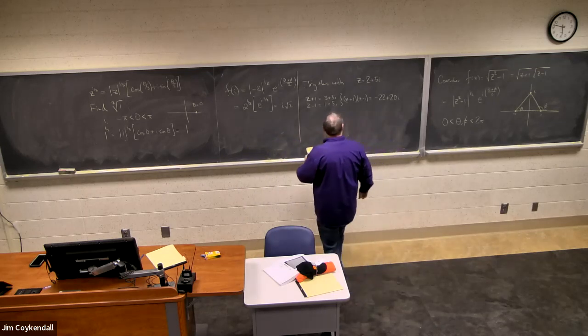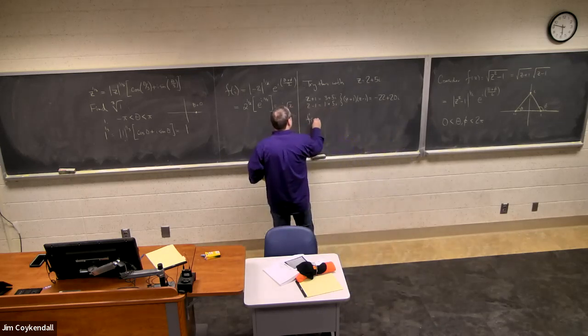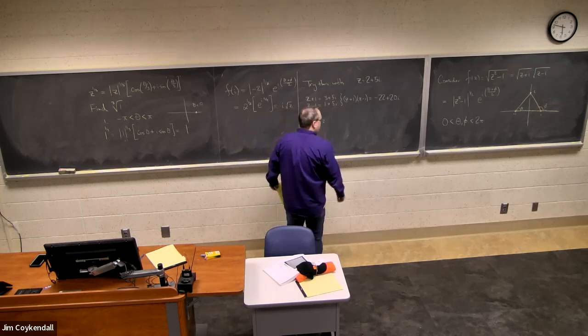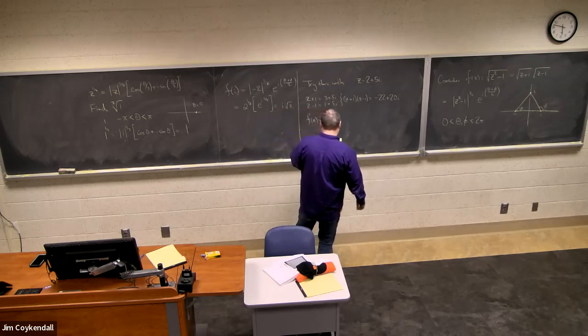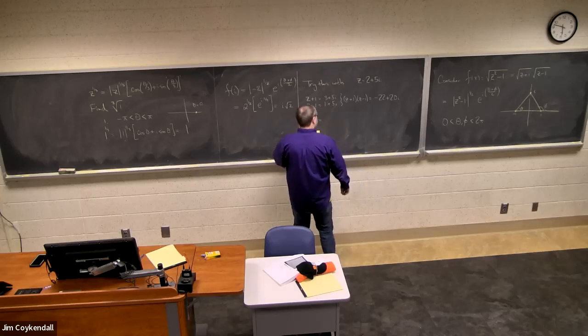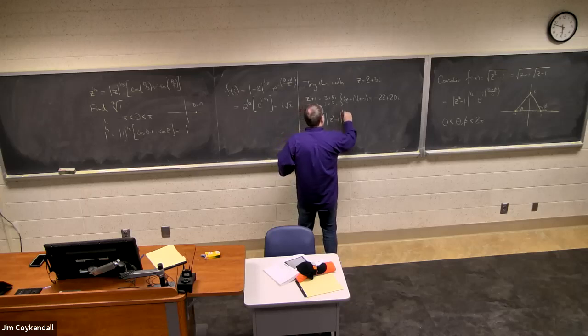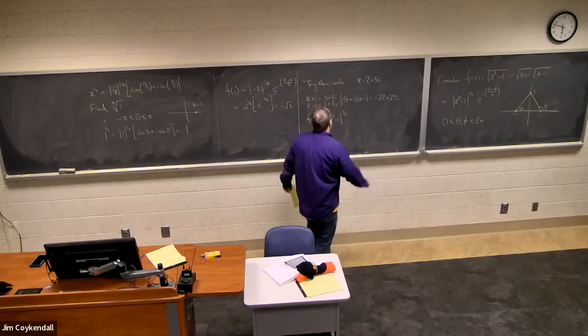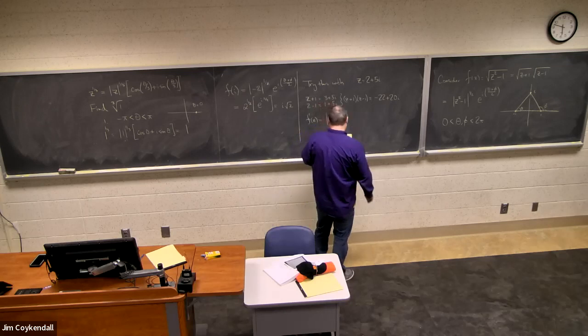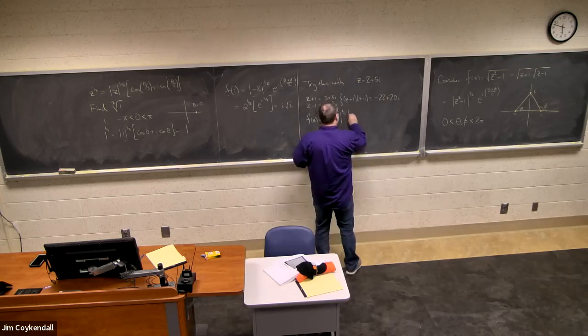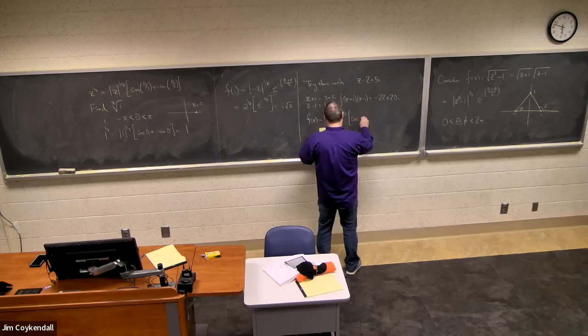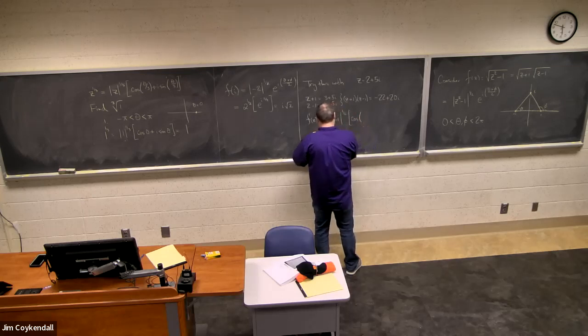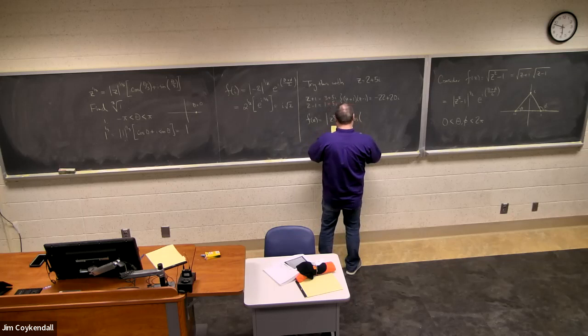Okay, so how does that help us? Well, now f of z should be the magnitude of z squared minus 1 to the 1/2, times e to the i, well, or times cosine of, well, let's see, 1/2 theta. Oops.